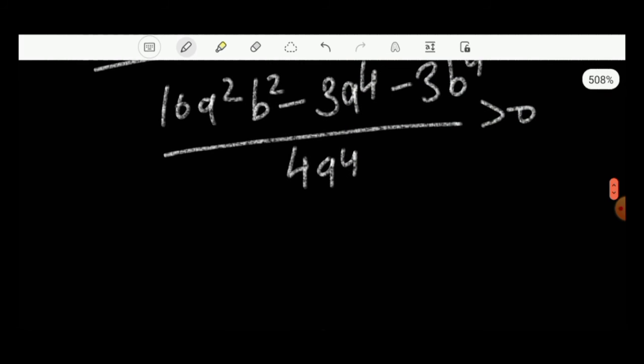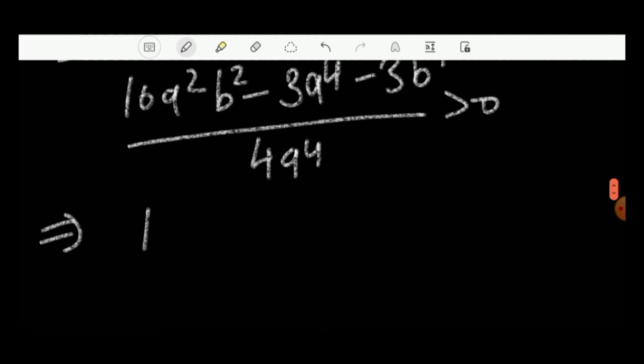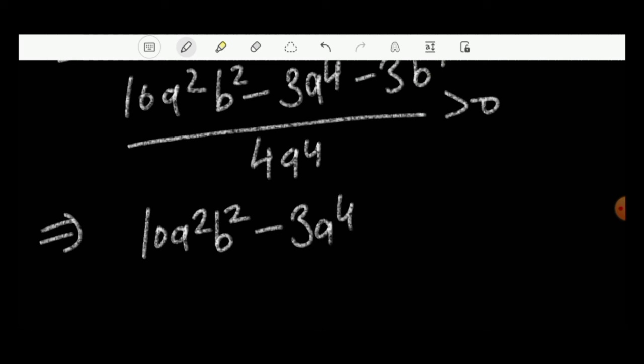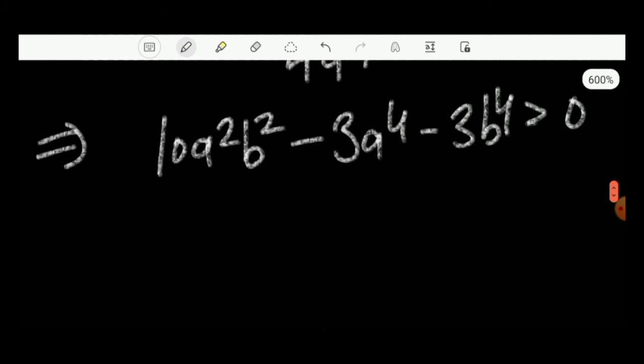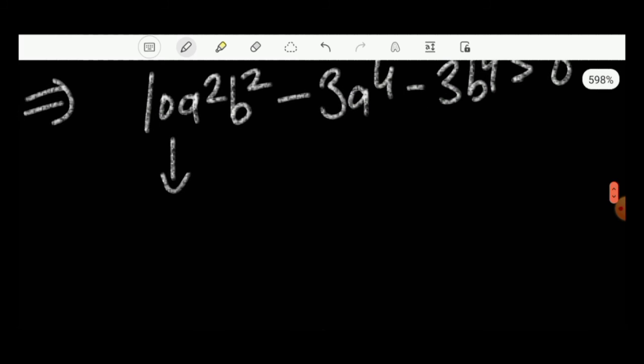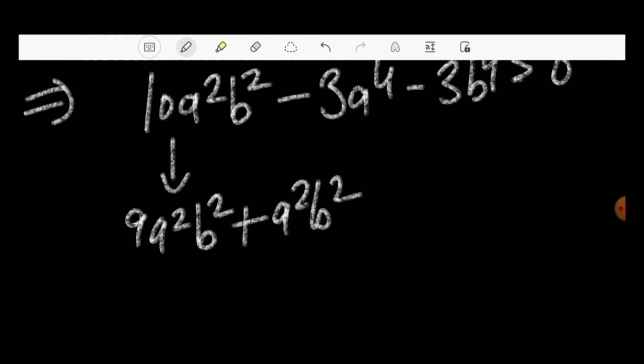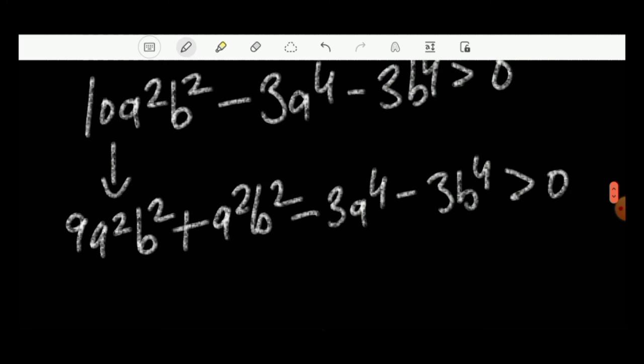And now this implies that 10 a square b square minus 3a to the power 4 minus 3b to the power 4 is greater than 0. And now we have to factorize this term. So we can simply break this into 9a square b square plus a square b square minus 3a to the power 4 minus 3b to the power 4 greater than 0.